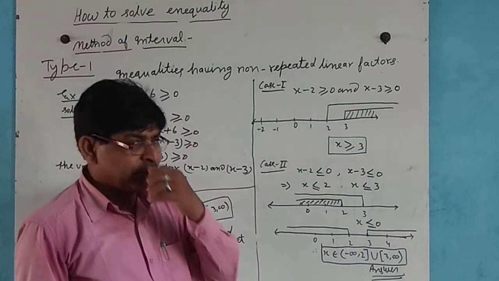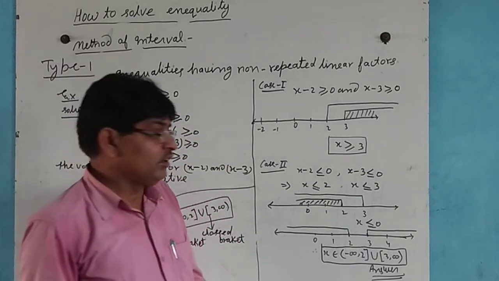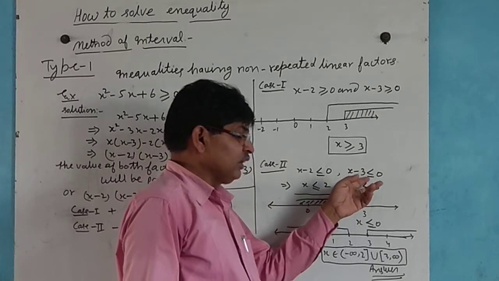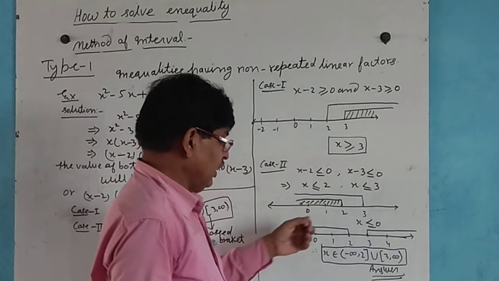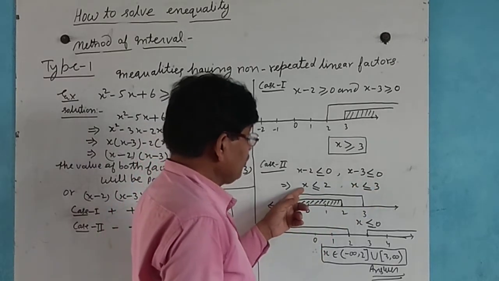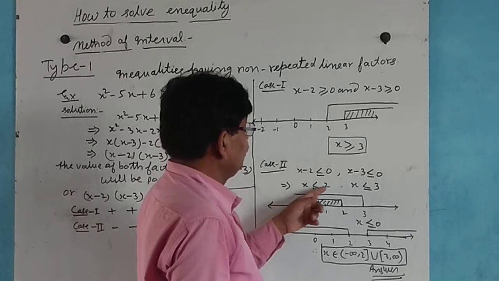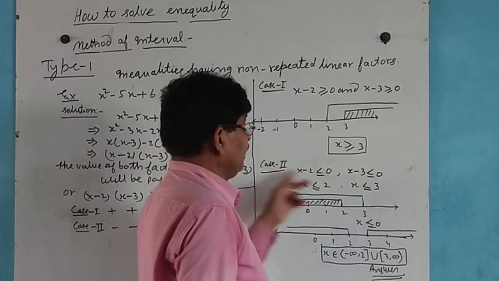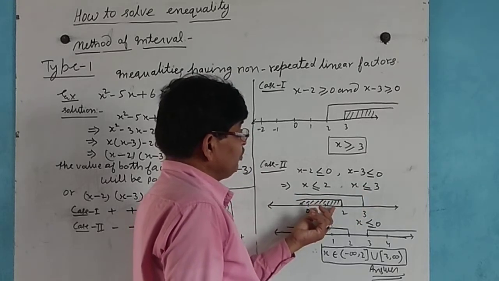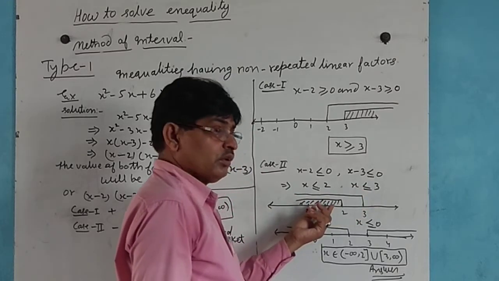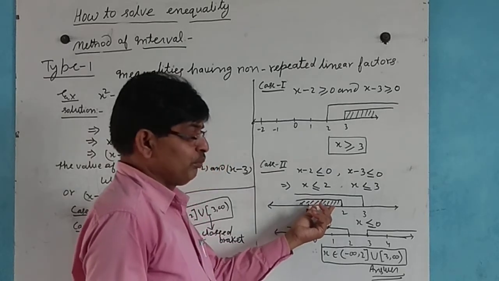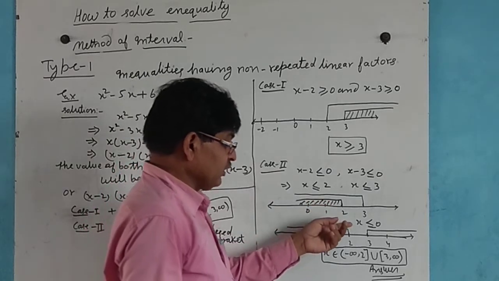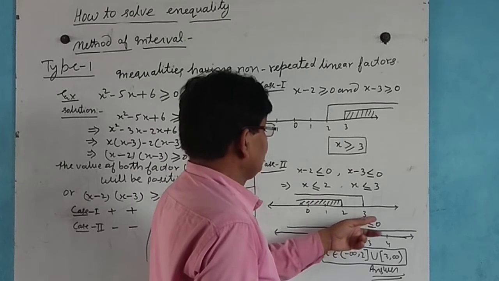Then after changing the side, x is less than or equal to 3 we get. And this is x less than 2 and less than 3. Here this portion is also the common intersection, so x is less than or equal to 2.